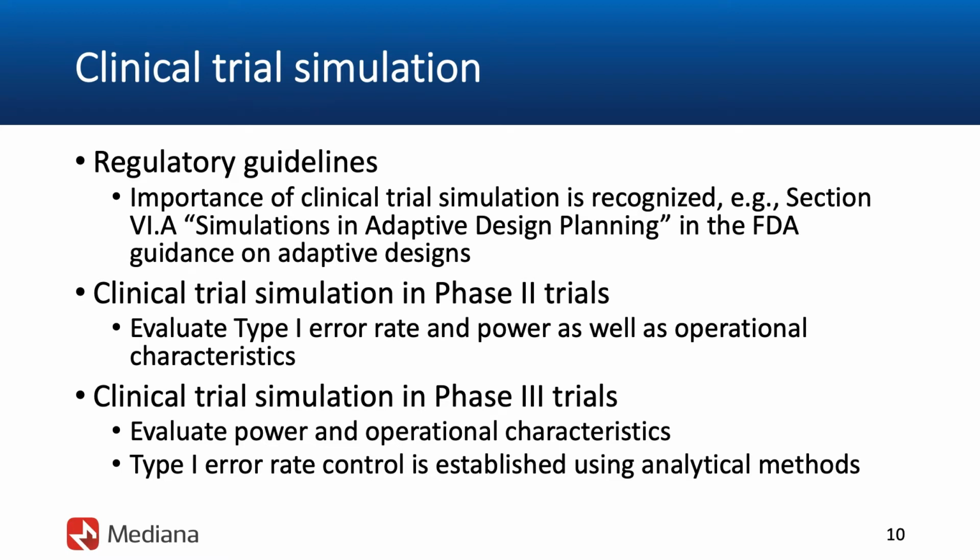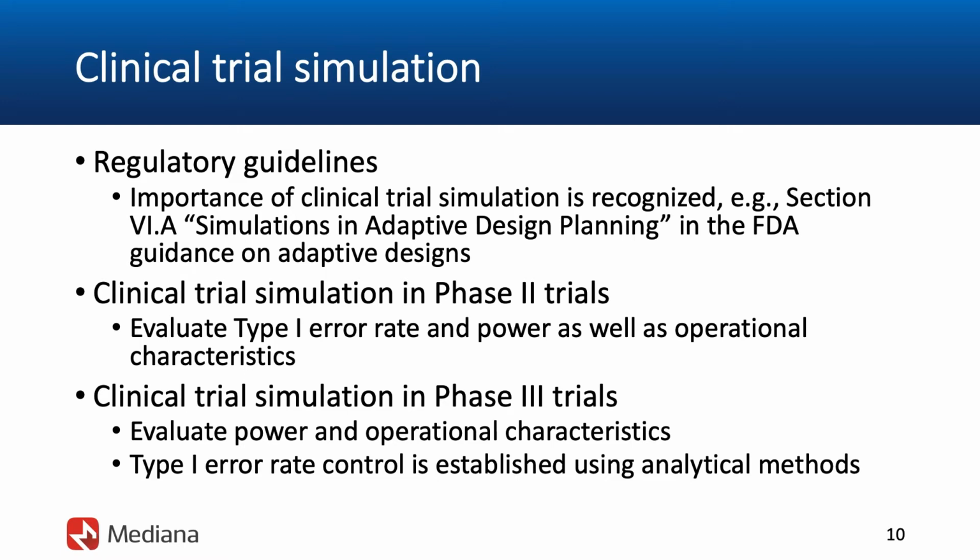And what are the general objectives of clinical trial simulation in the context of adaptive trials? First and foremost, it would be most helpful to estimate the most important characteristics of any trial. In the context of phase 2 trials, that would be to evaluate the type 1 error rate, the likelihood of an incorrect conclusion, as well as the probability of success or power and other important operational characteristics.